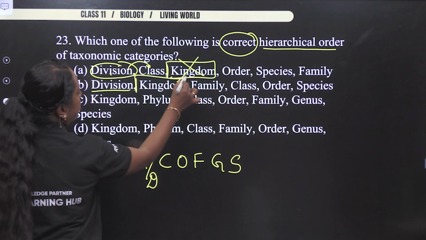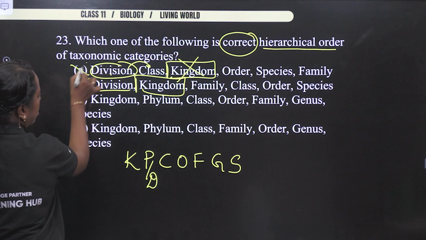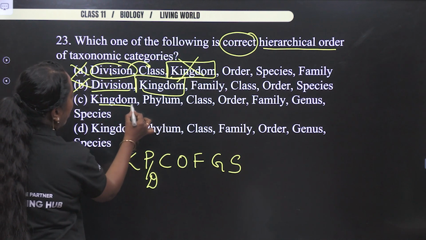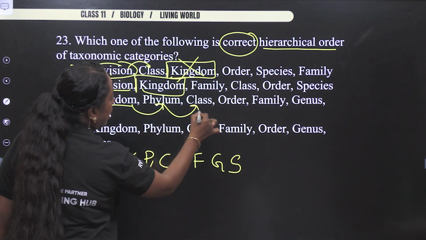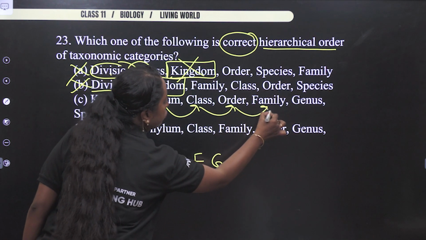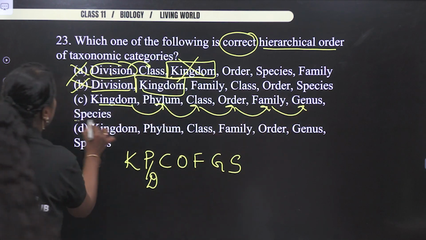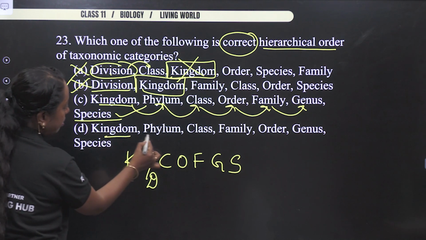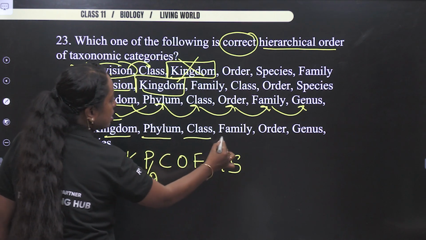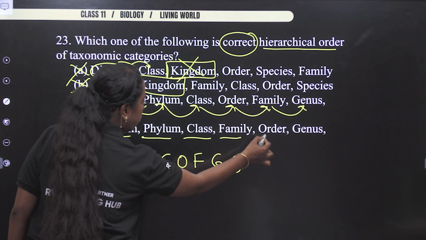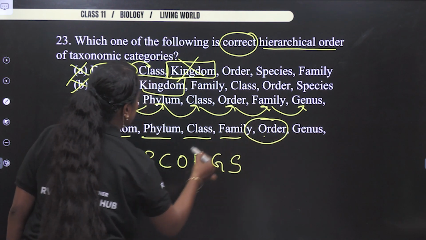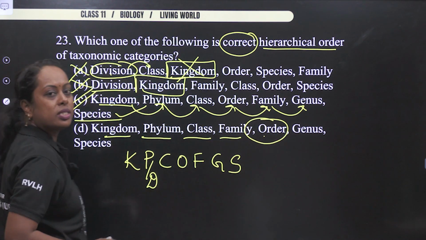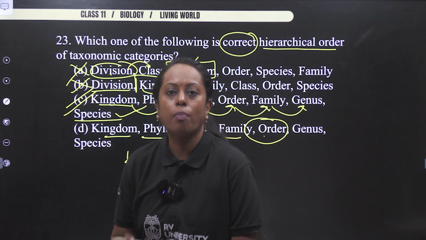After division kingdom comes. So thereby B is also wrong. Next. Kingdom, you have phylum, after that class, then you have order, then you have family, then comes genus, then comes species. So this is correct. So counter check option D. Kingdom, phylum, class, family, after family, he has given what? Order. So the answer becomes option C here. So mark the answer option C.